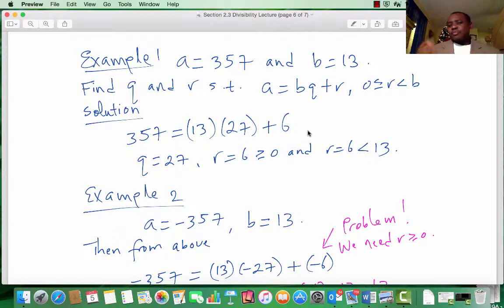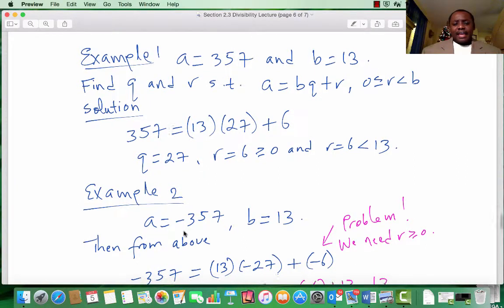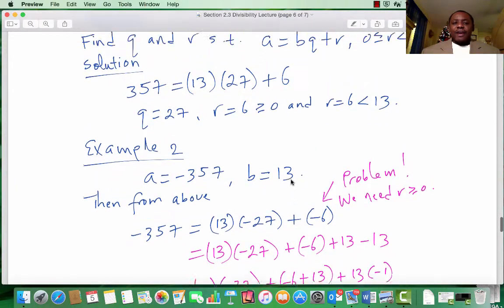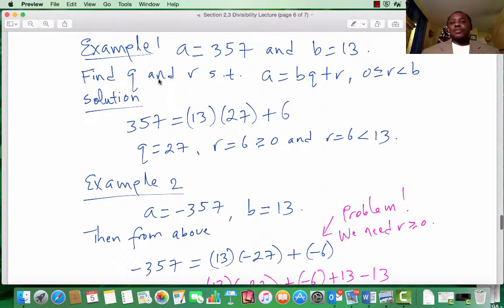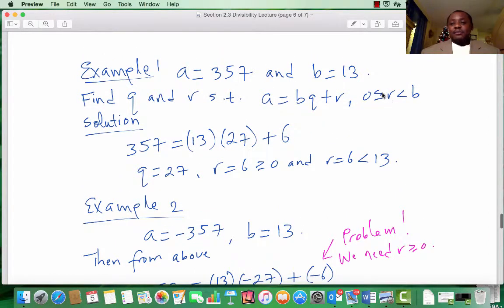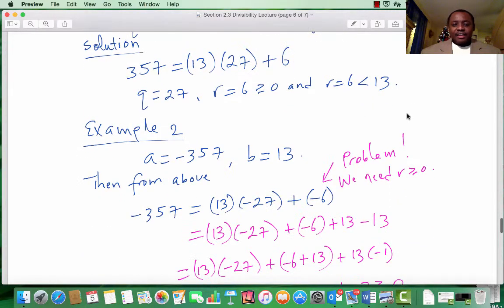It gets more exciting if A is a negative number. What if A is negative 357 and B is 13? Find integers Q and R such that A equals BQ plus R and R is bigger than or equal to 0, very important, but less than B. Well, from the above, we have that 357 equals 13 times 27 plus 6.